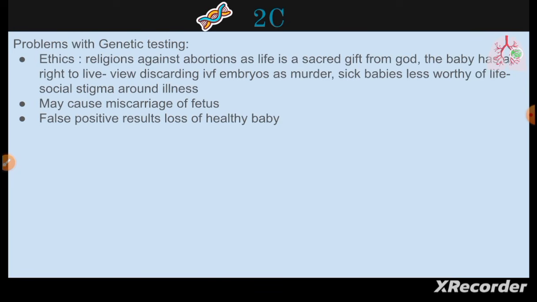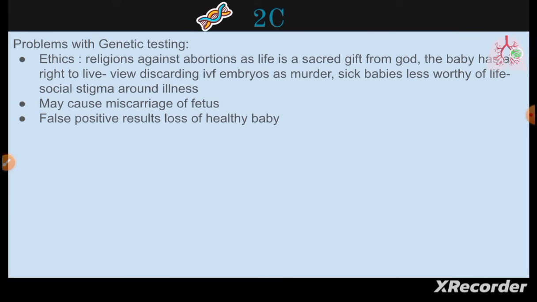Problems with genetic testing: if it's so convenient and you can eliminate such hard genetic diseases, why do we not all get genetically tested before we implant kids? Because of ethics. There are religions that are against abortions, as life is a sacred gift from God. The baby has a right to live. They view discarding IVF embryos as like murder.